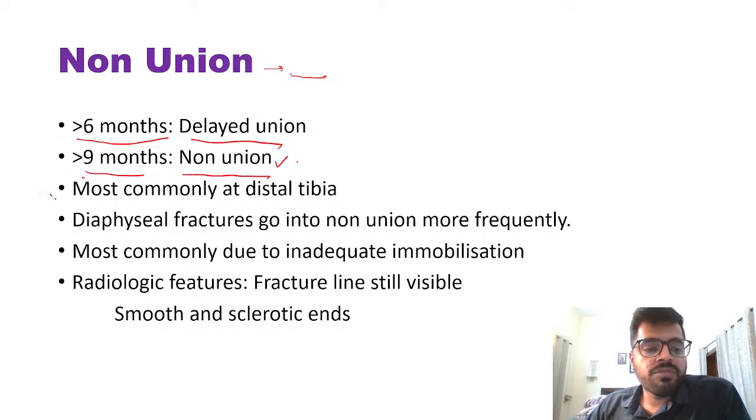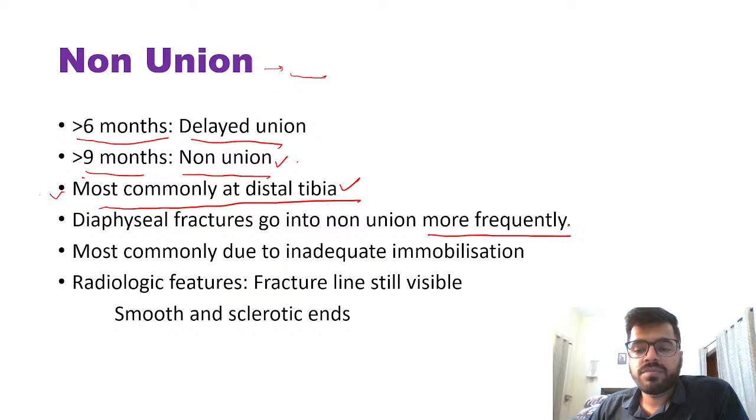Most common area for non-union is distal tibia. Diaphyseal fractures go into non-union more frequently than metaphyseal because of decreased blood supply. Metaphysis has abundant blood supply, and it can go into malunion, not non-union.